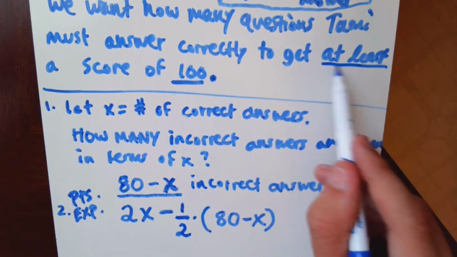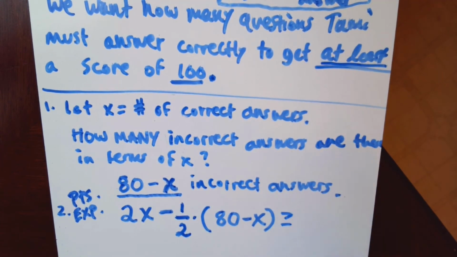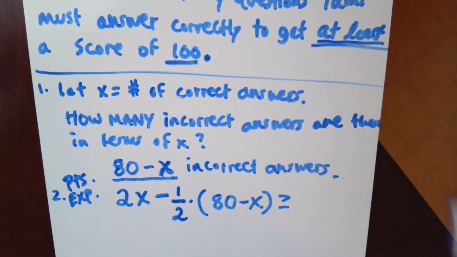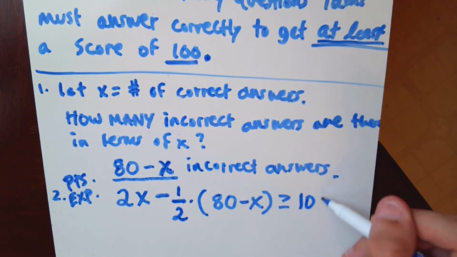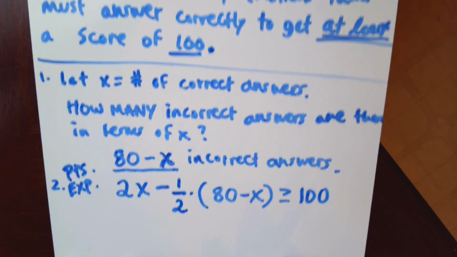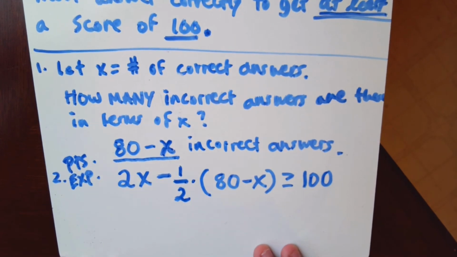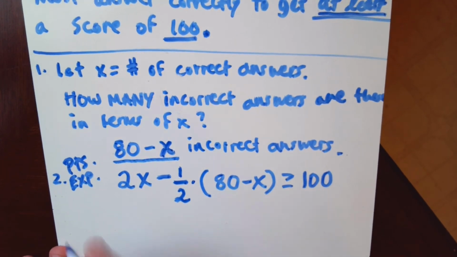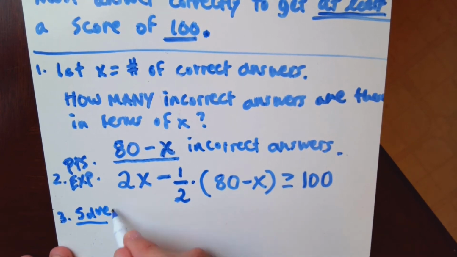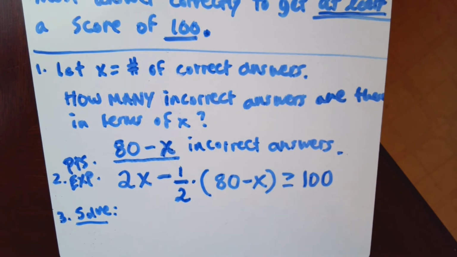At least means greater than or equal to, so I throw that in there, and then it has to be at least 100. Now I've set up this inequality. The next thing we should do is solve it, and after we solve, we interpret the result with a conclusion statement.